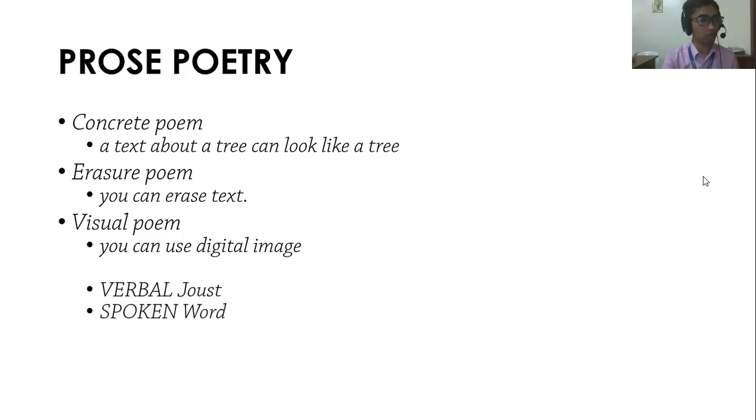We have also verbal joust. Verbal joust would mean throwing, like, for example, in the Philippine setting, it's more on the rap thing, the sagutan, wherein you can use the particular name of that competitor.